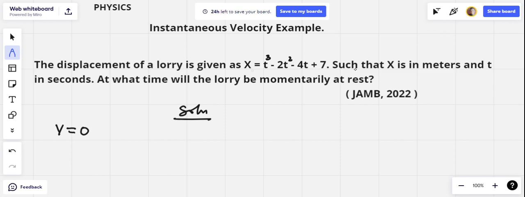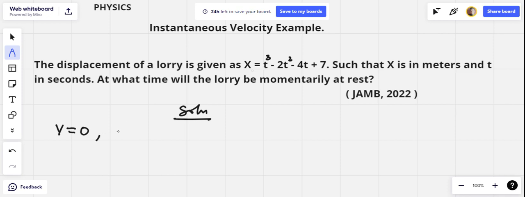And here they said that x is in meters. So if x is in meters, this equation represents displacement. Since the unit of x is meter, x represents displacement. And t here is in seconds, so t represents time.